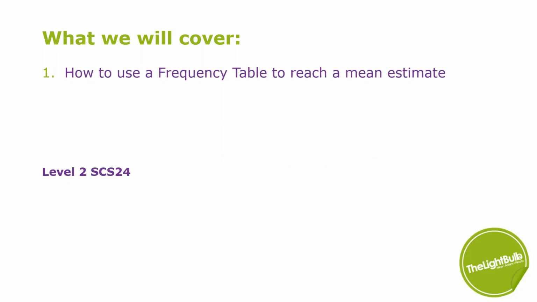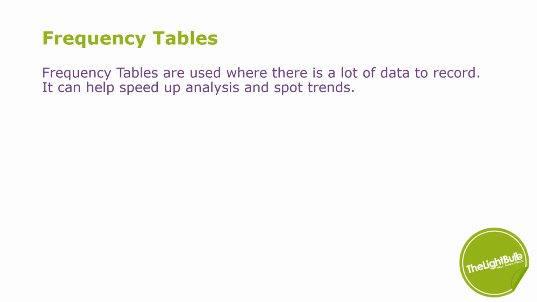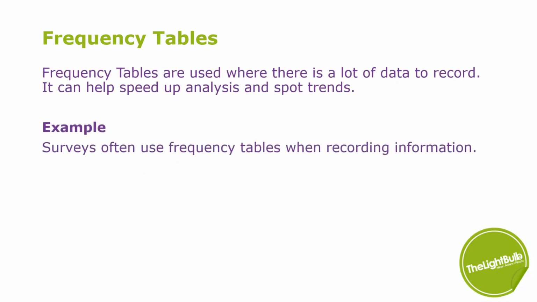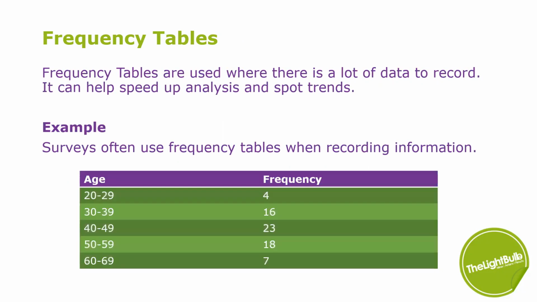It's worth remembering that with frequency tables, the best we can do is achieve an estimate, but not a precise figure. What are frequency tables, you might ask? They're things that we've probably seen in day-to-day life, things like survey analysis. You might have been asked to do a survey.